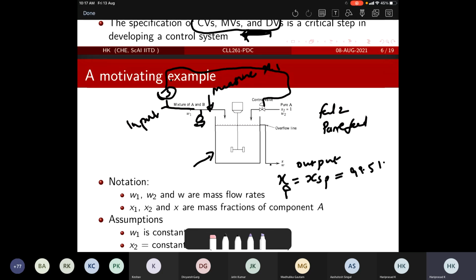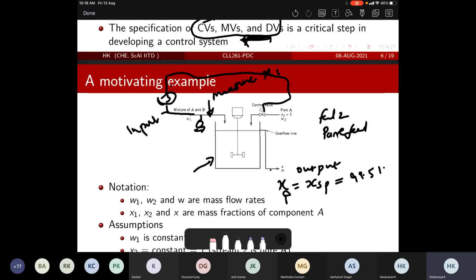So then what you can also do, you don't worry about investing now, because your product would give you enough profit, and the quality of the product is so stringent, otherwise you will not be able to sell it. So you may also decide to keep two sensors, one on the outlet, one on the inlet. Again, use that information to play around with your pure feed to get the outlet composition.